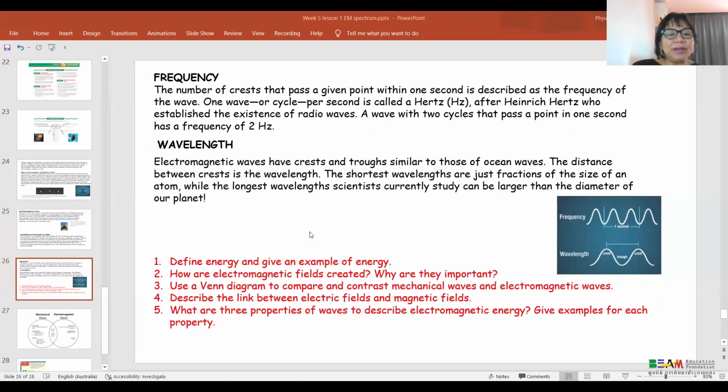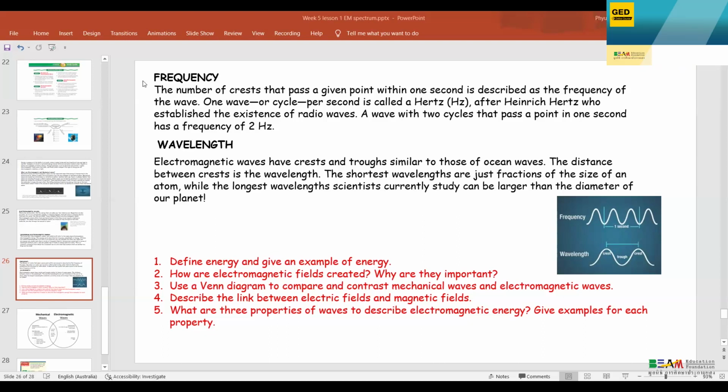Right, the last one: what are 3 properties of waves to describe electromagnetic energy? Give examples of each property. Any volunteer? The first one is frequency. Okay, and the next 2?